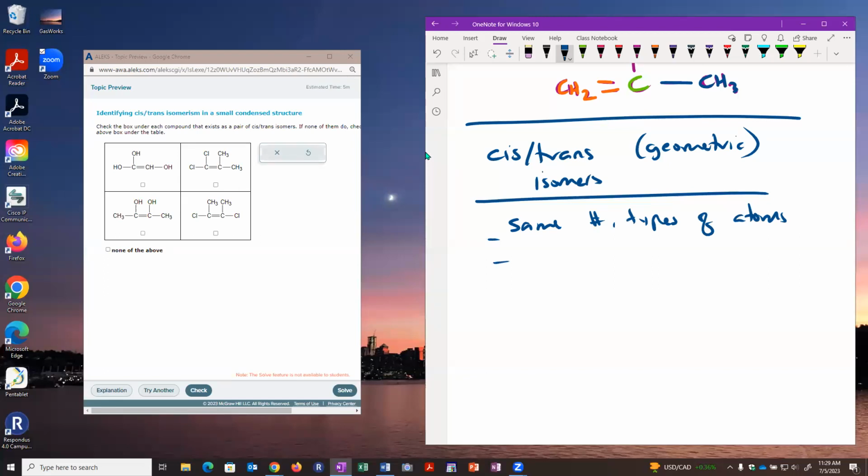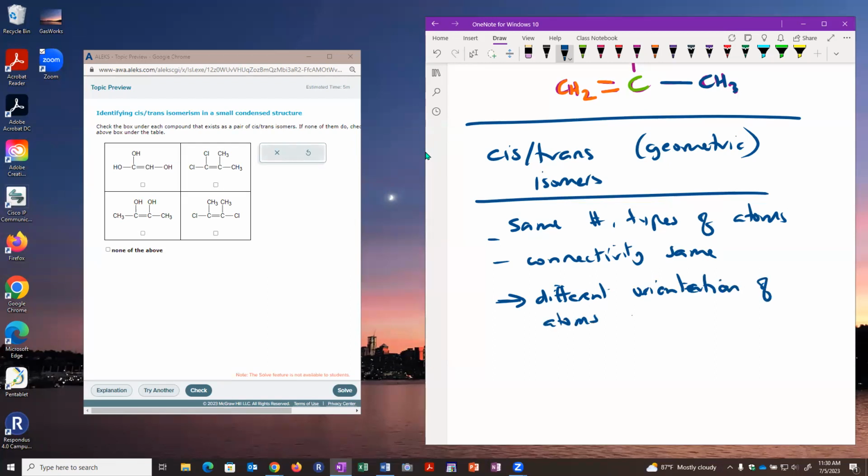The connectivity is going to be the same. So the order of the atoms is going to be the same. But what's different is how the atoms are oriented, specifically around the double bond. So different orientation of the atoms around that double bond.